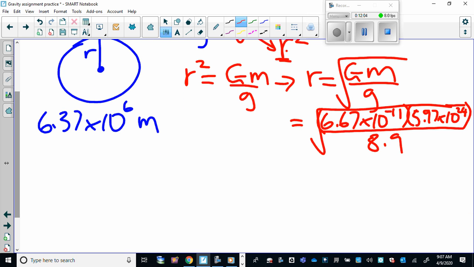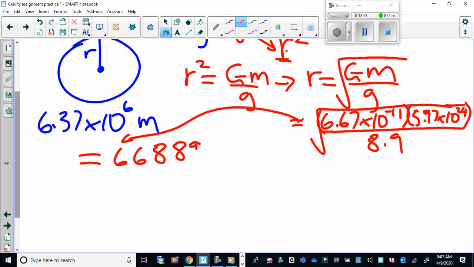I'm just going to move the answer over here again so I'm close to the mic and you can hear. The answer turns out to be 6.69 times 10 to the 6 meters.